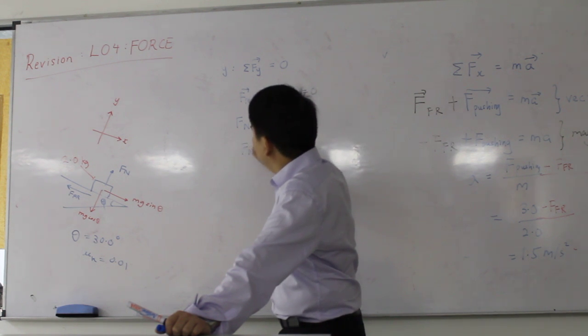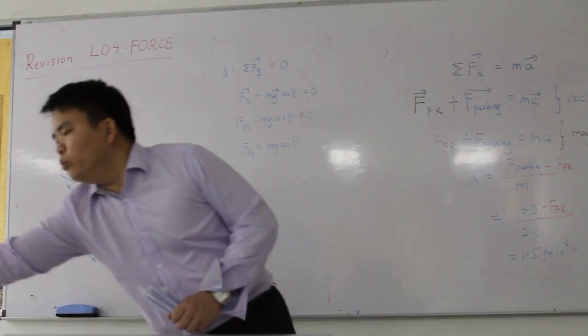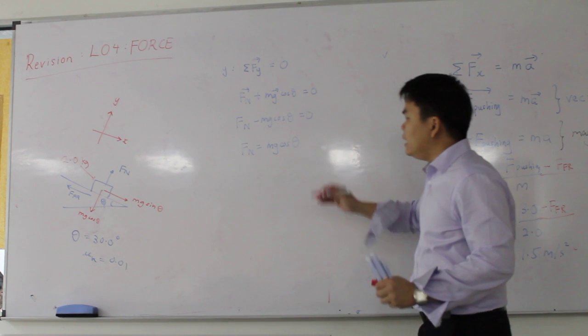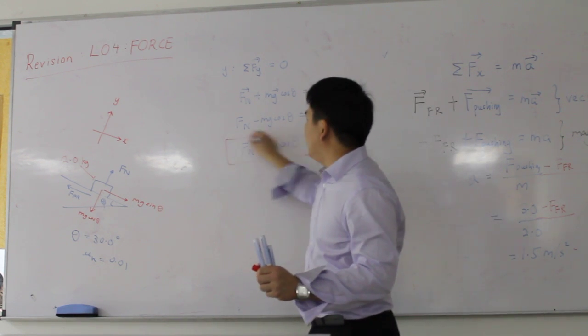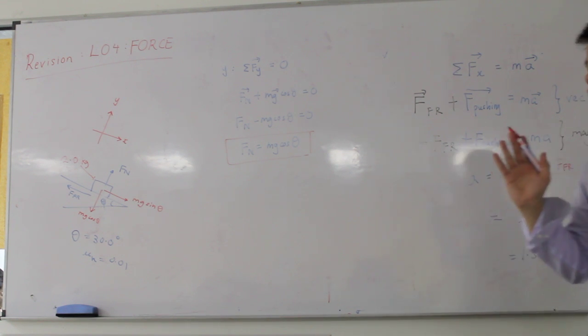Hence Fn equal to mg cos theta. This is something different from what you studied in SPM. Normally we say that Fn is just mg, but here you can see that Fn is mg cos theta, totally different.